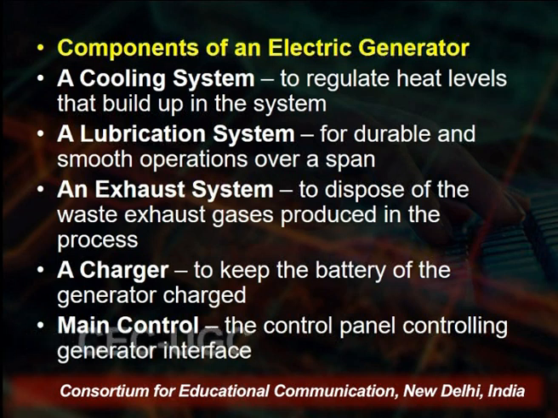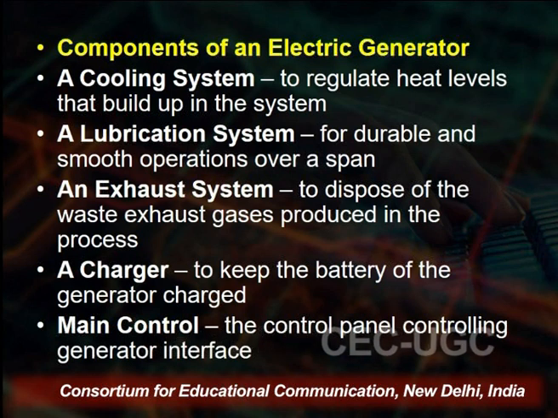An exhaust system disposes of the waste exhaust gases produced in the process. Next is the charger, to keep the battery of the generator charged. Next is the main control, the main unit that controls the panel, controlling the generator interface.